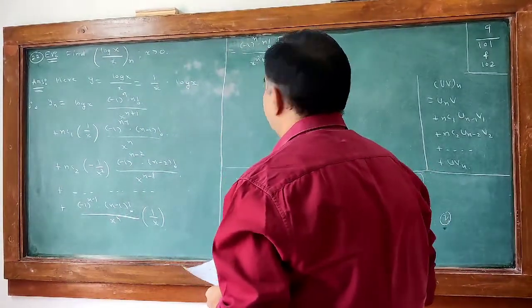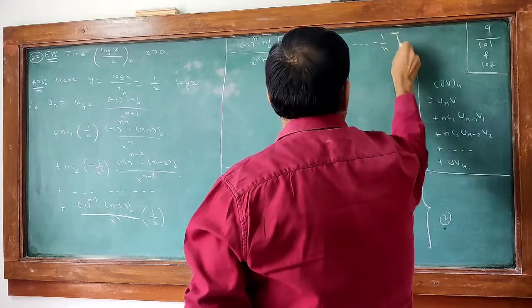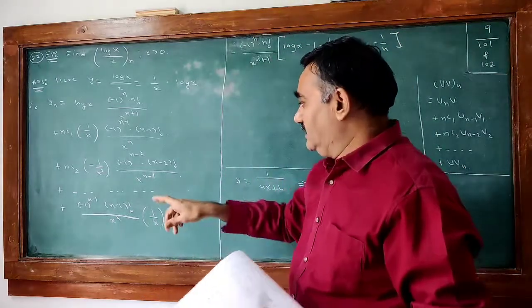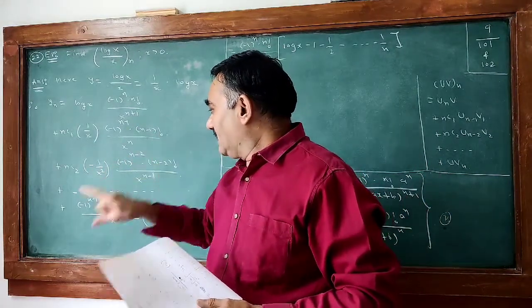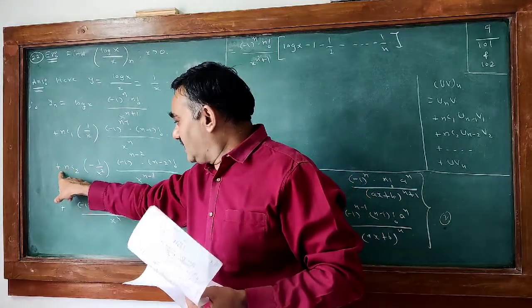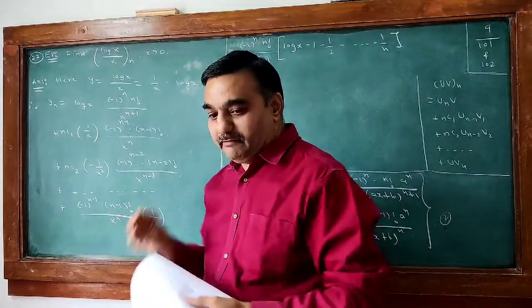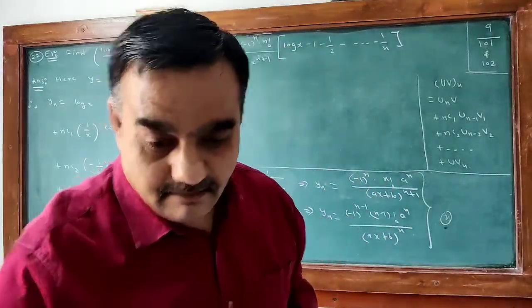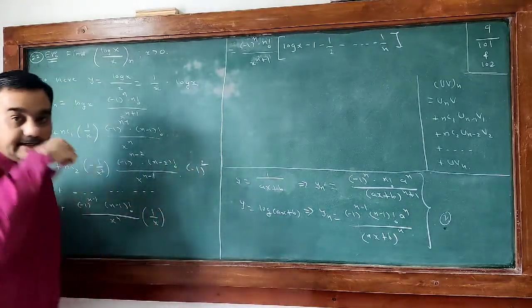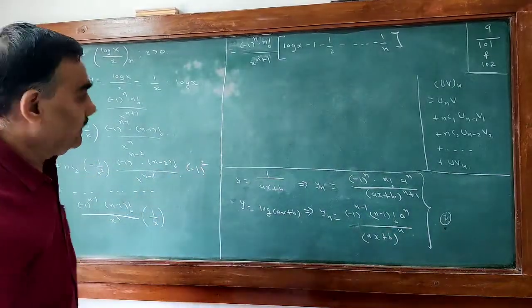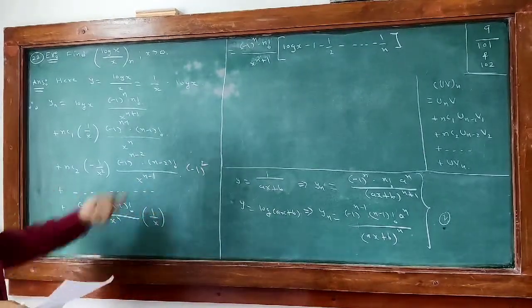Minus 1, minus 1 by 2, minus 1 upon n. See here, the minus sign is there, and we use one minus sign there, and therefore the minus sign is twice, and if we multiply any term by minus 1 square, then the value will remain unchanged, because minus 1 square is 1.